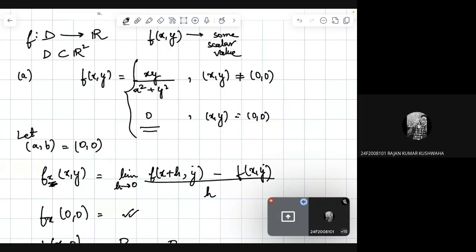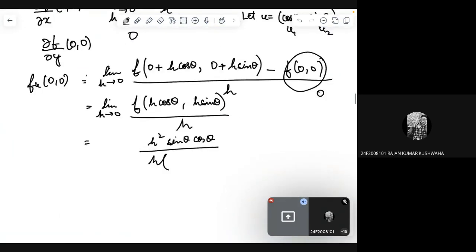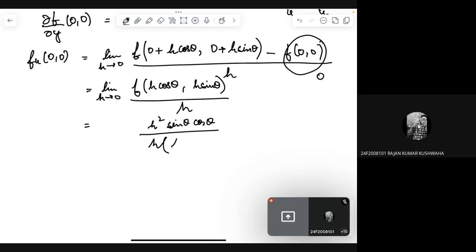We know that sin square theta plus cos square theta is equal to 1, and this comes as h square, right? So this is what?